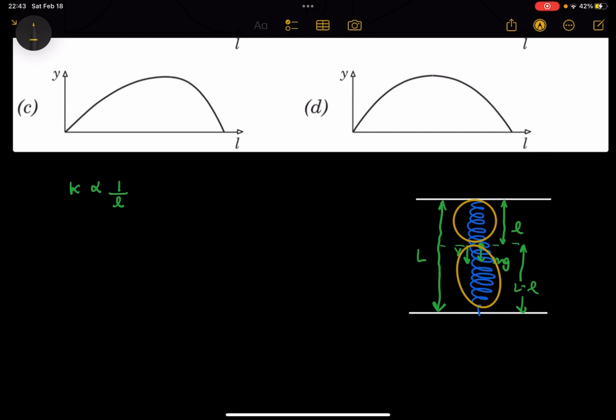So one is like this, it is K1. This is the bead of mass M and this is K2. I can assume like this.